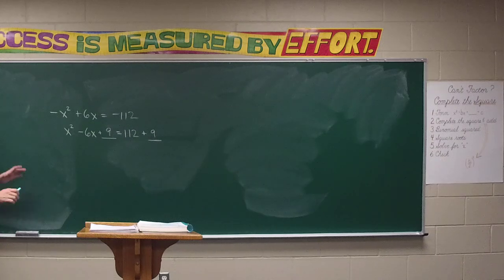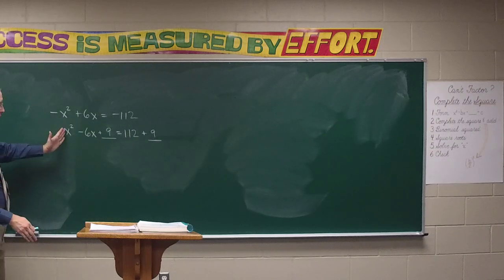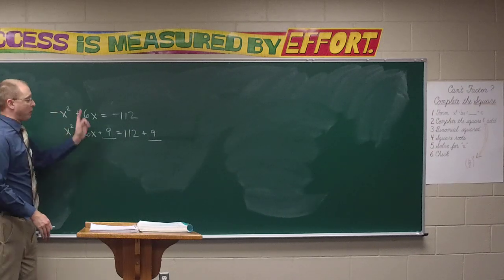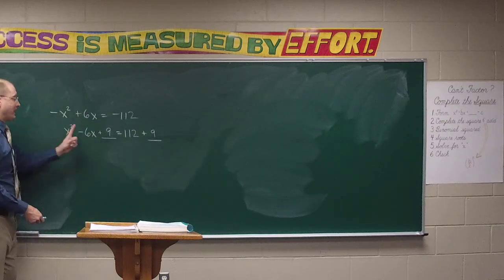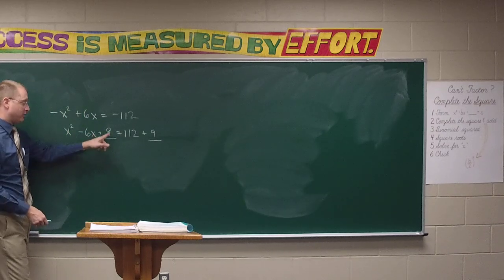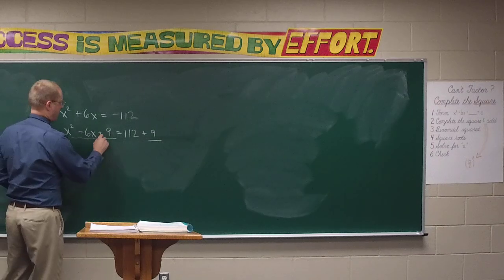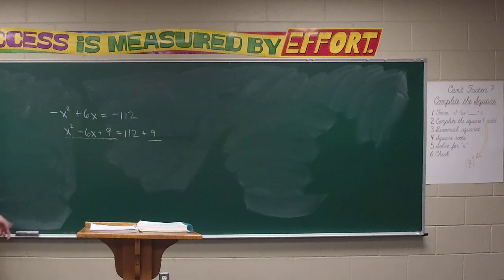Okay? So again, running through this, you want a 1x squared, you want your bx term, you want your constant on the other side. I'm going to half and square to fill in the gap. And what I have now is a PST. It has to be. I made it that way. I forced a PST into existence. I willed it into existence. And I'm going to will my PST, step number 3, into a binomial squared. Step 3, turn your PST into a binomial squared.